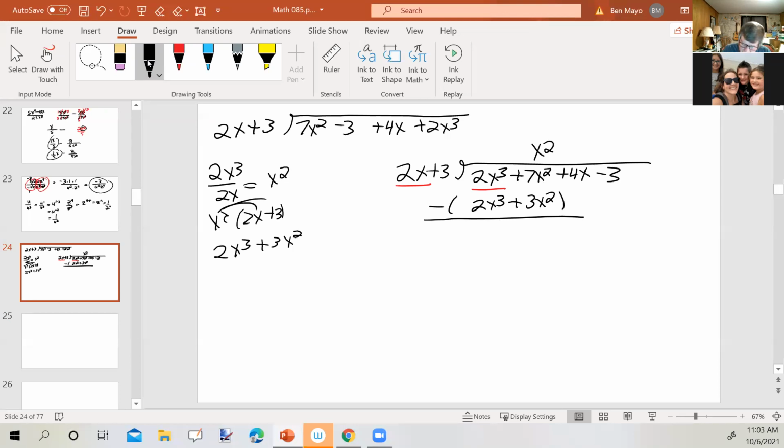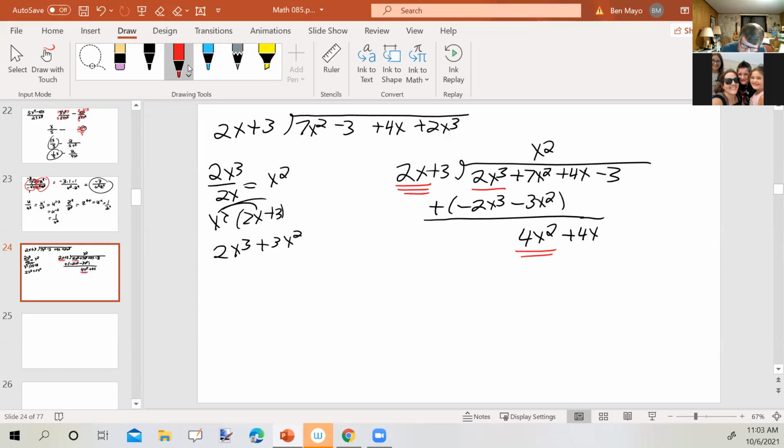Subtract that quantity from what's up above, change it to addition of the opposite, add up the columns. 2x cubed plus negative 2x cubed is 0. 7x squared plus negative 3x squared is 4x squared. Bring down the next term and continue the process.